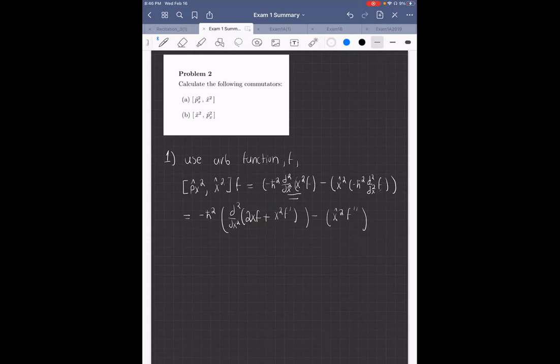And from here, you would see that negative h bar squared, and we do another product rule with two terms this time. So it would be 2 times f plus 2f double prime. And this will be plus 2x times f prime.